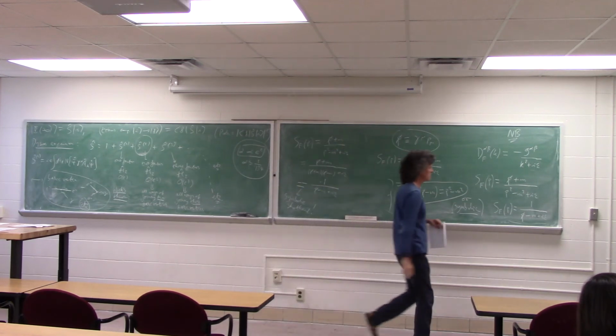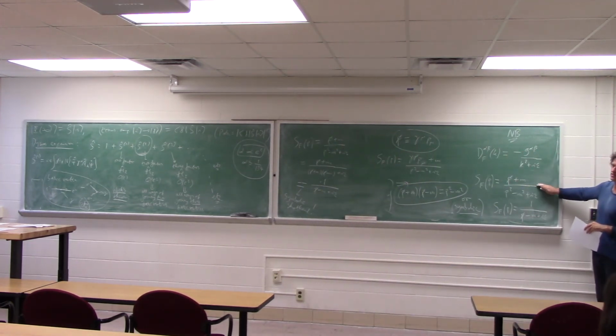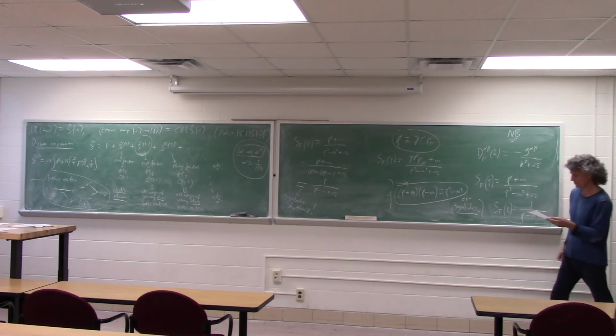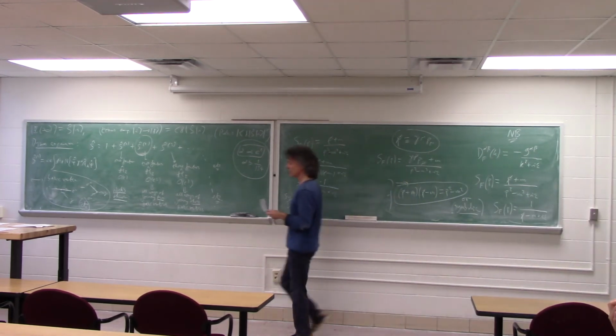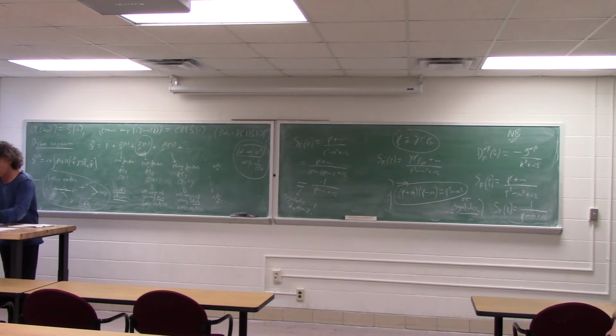But look, don't worry about this. This is just a shorthand for this. This is the expression for the fermion propagator: p slash plus m divided by this. This is just a shorthand, okay? But just so you understand what the reasoning is there, why that makes sense.